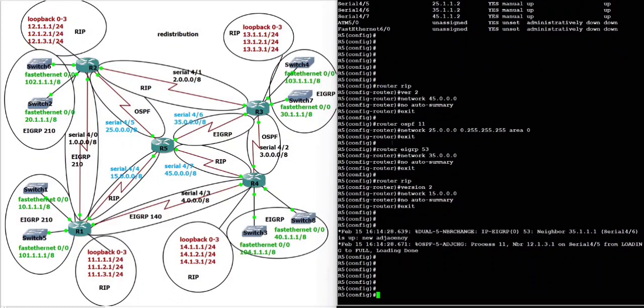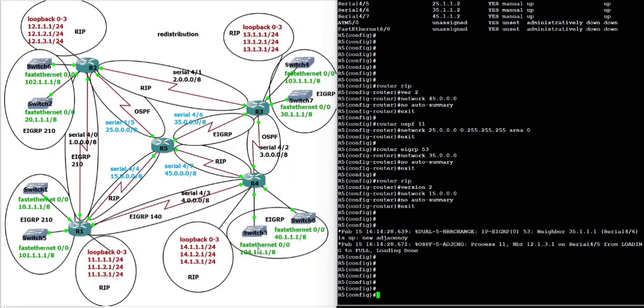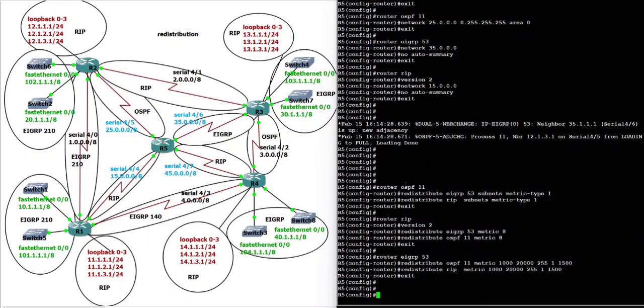Okay, so now we configure redistribution on router 5. On router 5, here also we have 3 redistribution: OSPF 11 redistribute EIGRP 53 and RIP.